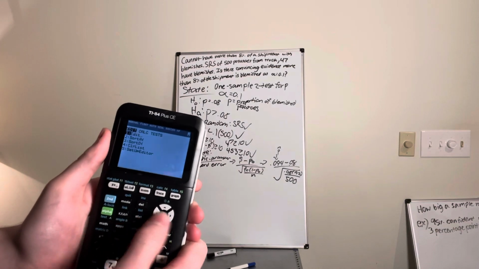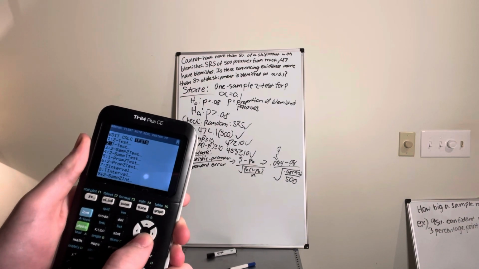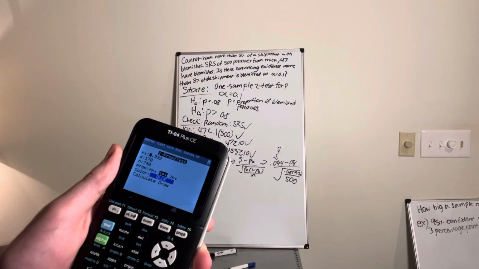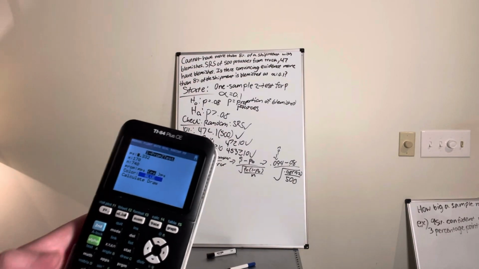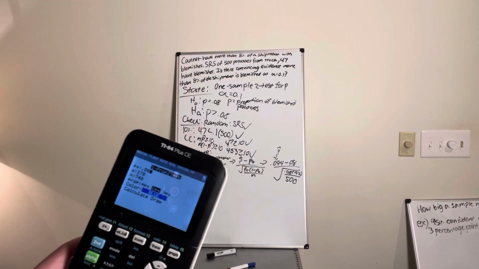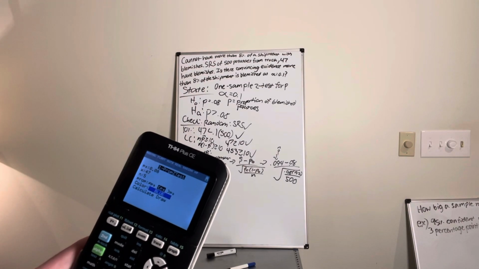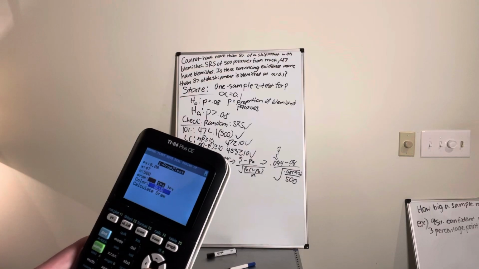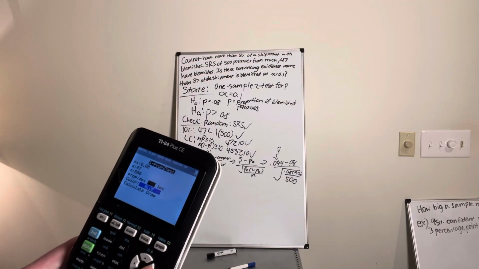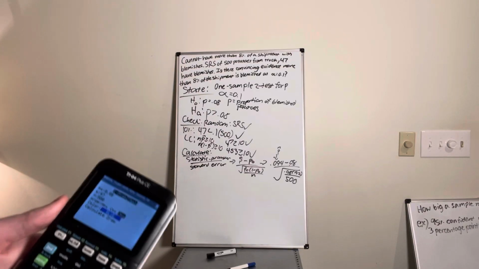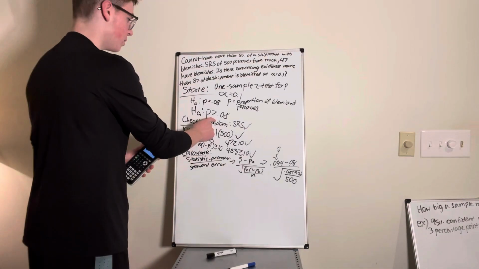We go over to stat, tests, and then 1-proportion z-test. And then we plug in what our p-naught is. Our p-naught is 0.08, right? And then our x is 47 out of 500. And then we are saying that the p is greater than p-naught because we have this greater than sign here.